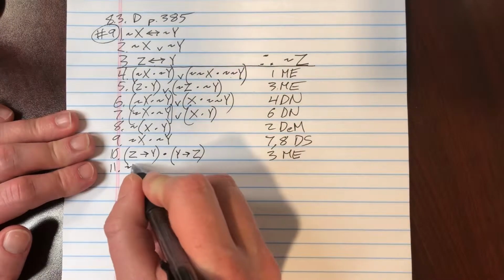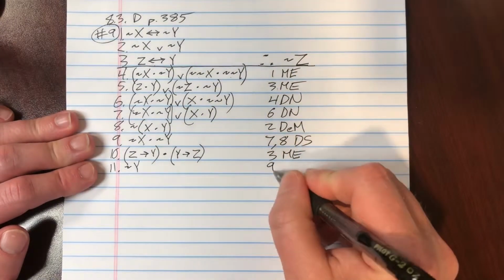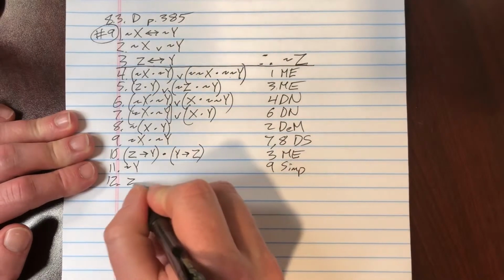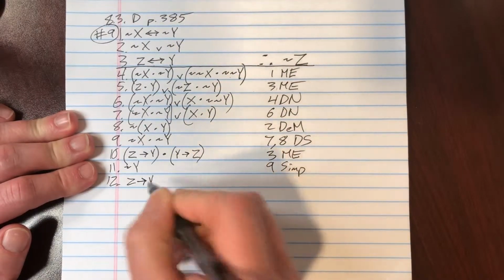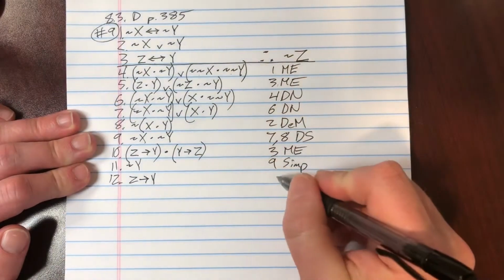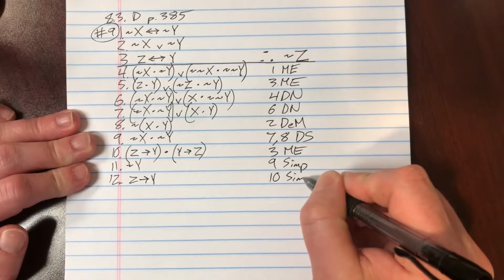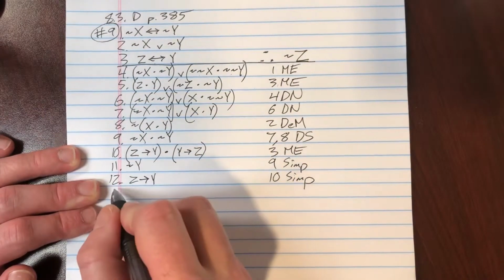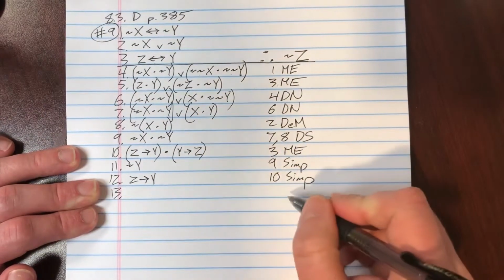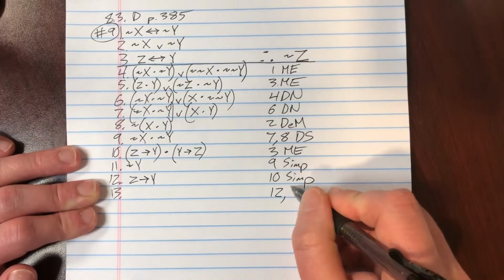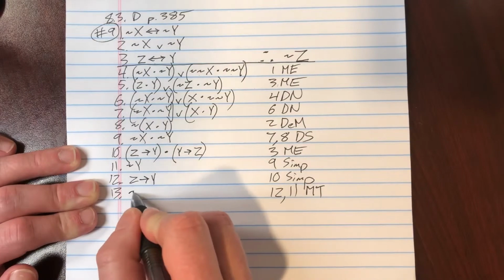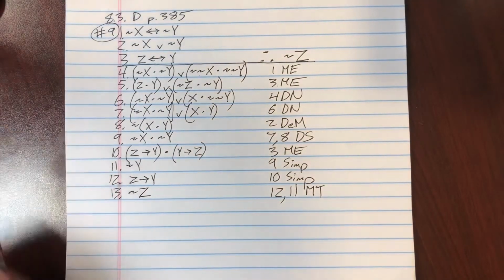So let's pull out not Y from 9, simplification, and let's pull out if Z, then Y from 10, simplification. Now we can do modus tollens with 12 and 11, and we get not Z. Awesome.